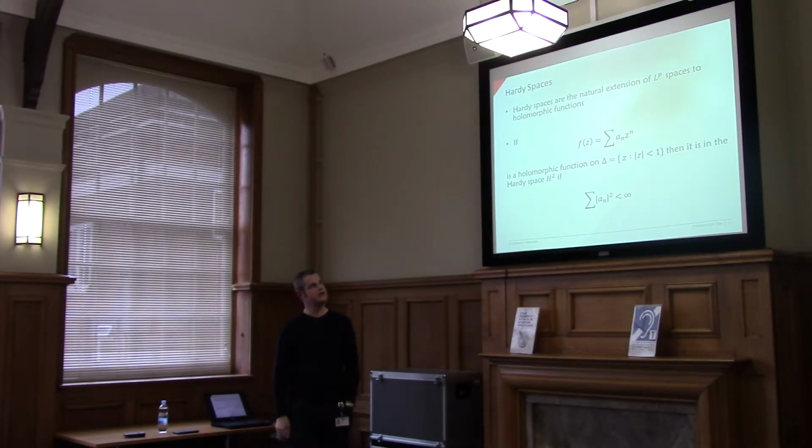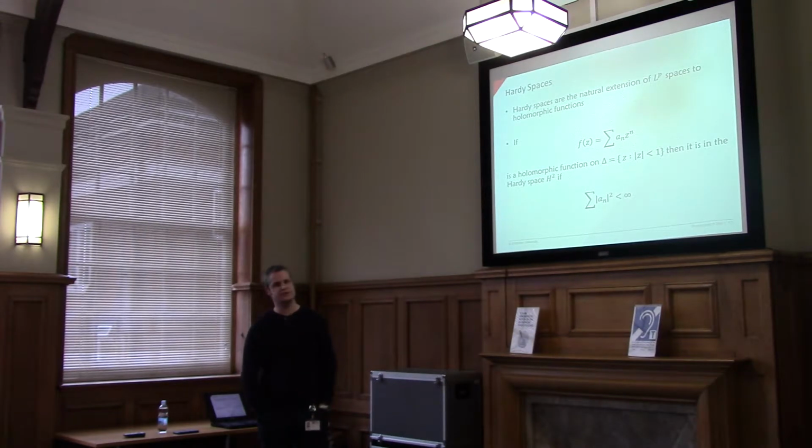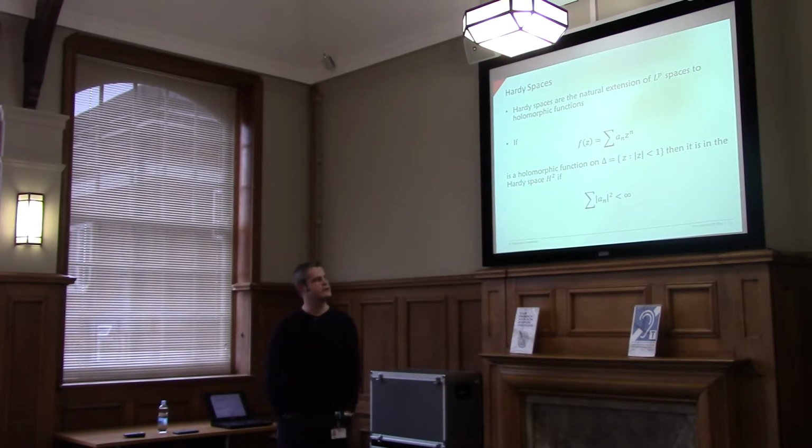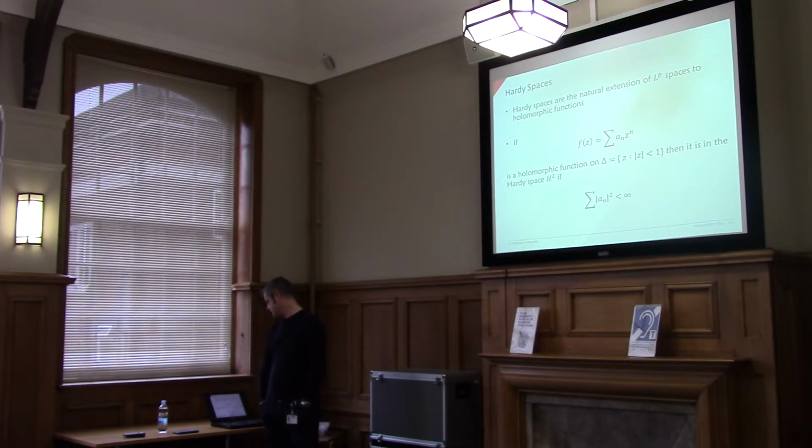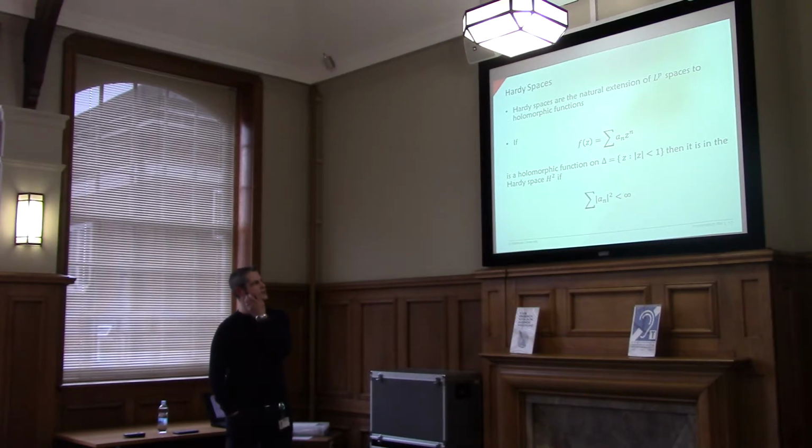Now, in this talk, I'm going to restrict myself to a particular growth condition. I'll assume that my functions are in the Hardy space. The Hardy space, you think of it as a generalization of the L^p spaces. If you've got a function f of z with the Taylor series expansion, sum of a_n z^n, suppose that's a holomorphic function in the unit disk.